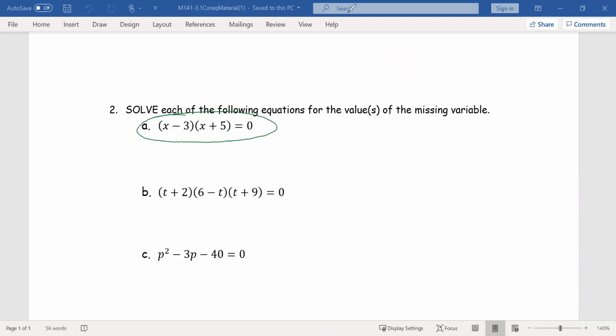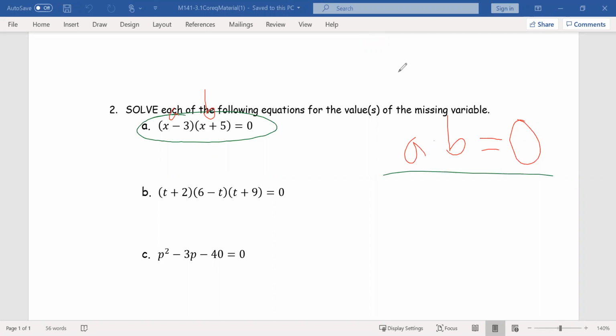What I want you to notice is that if I call x minus 3 a and x plus 5 b, we have something times something, or a times b, equals 0. If we have two things being multiplied to equal 0, one of them is going to have to be 0.